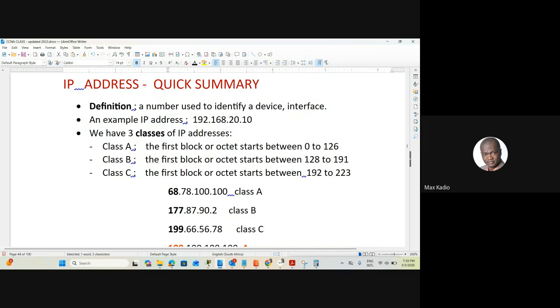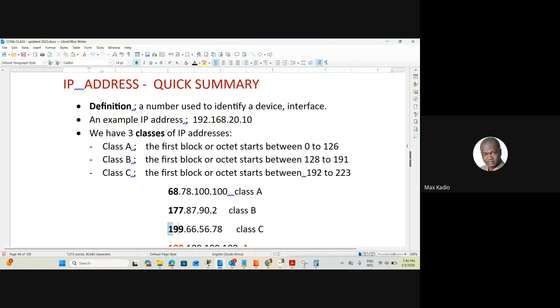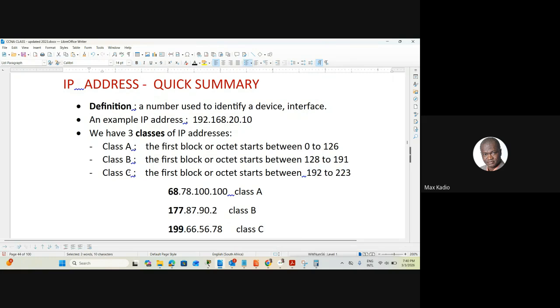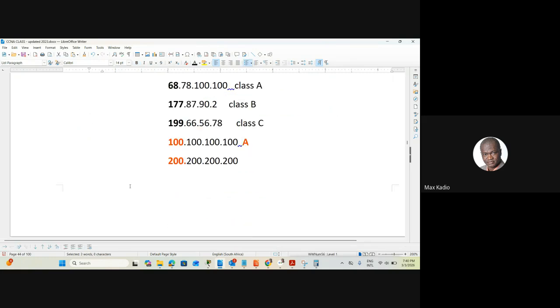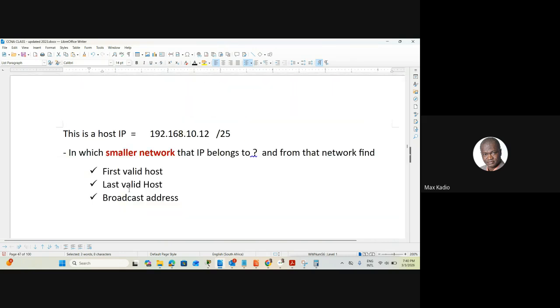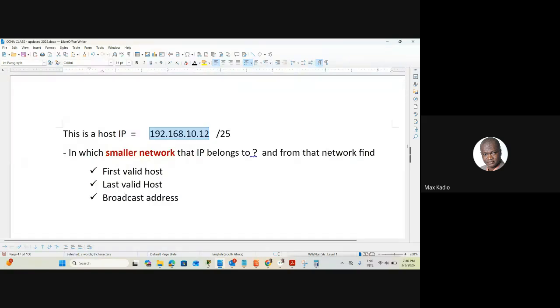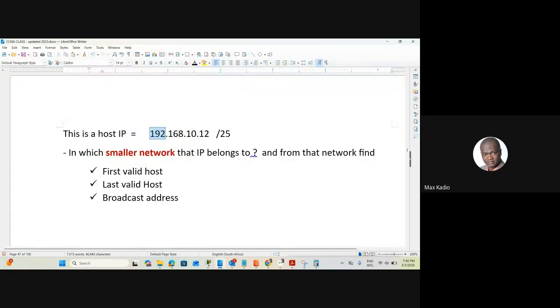Somewhere here, then it's a class B. We take this IP address, you always check the first block. This one falls somewhere here. It's a class C. So first thing first, identify the class. So for this IP, 192, you take the first block, it belongs to class C.